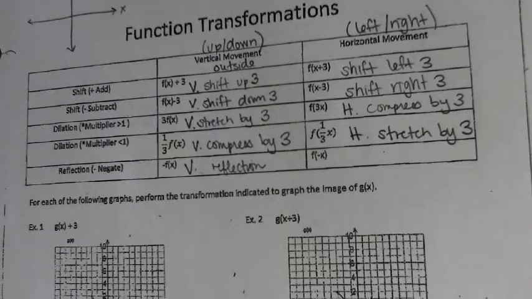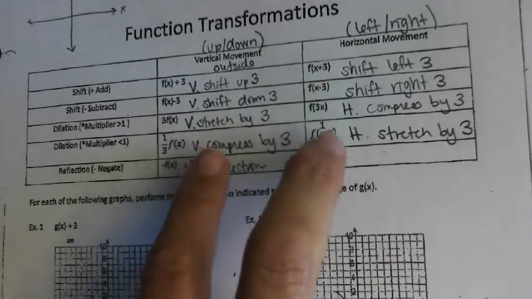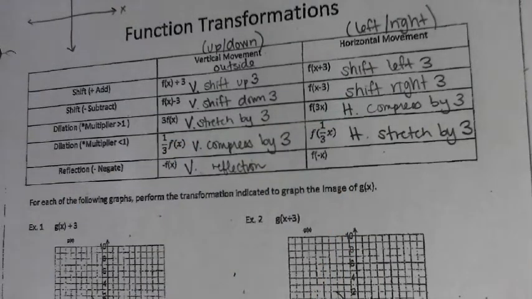Do you notice with those fractional multipliers that I'm still using the reciprocal to say what it's stretched and compressed by? So keep that in mind.